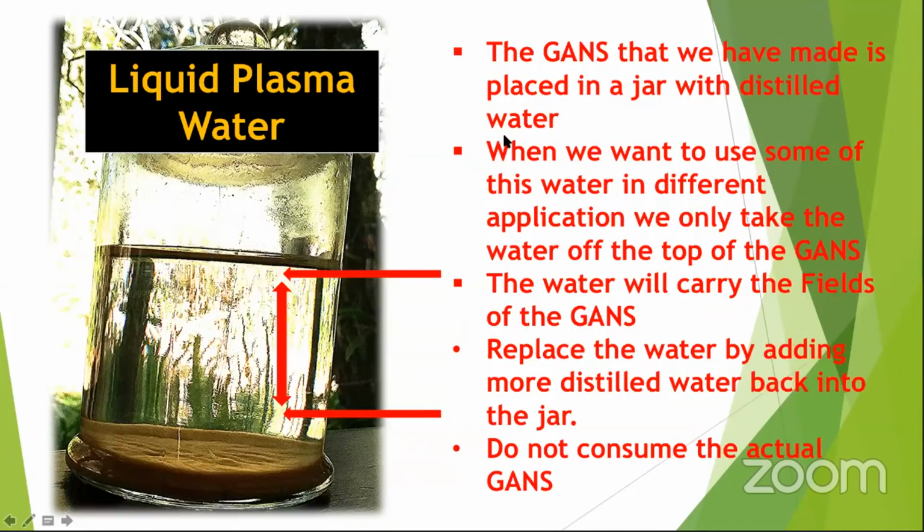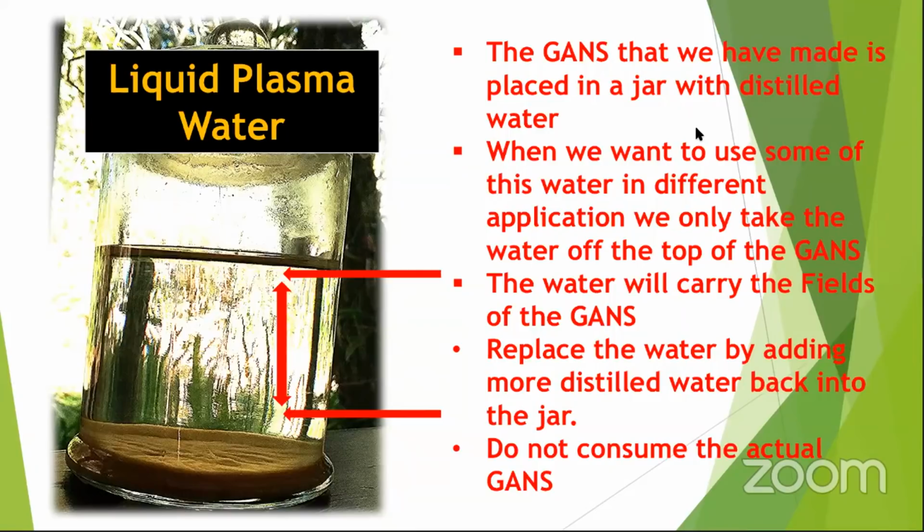The GANS that we have placed in a jar with distilled water: when we want to use some of this water in different applications, we only take the water off the top of the GANS. The water will carry the fields of the GANS. Once you use it, replace just the water, adding more distilled water, and a few hours later you will have more.